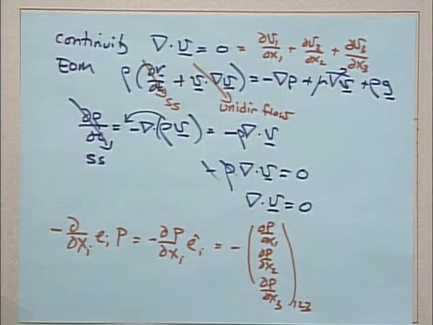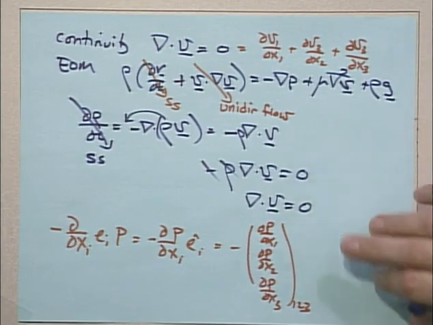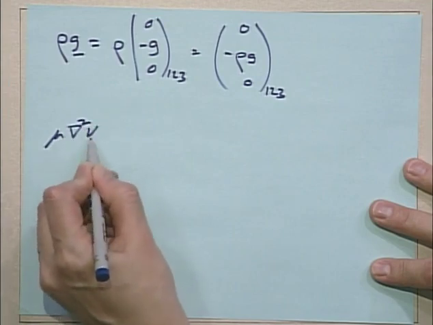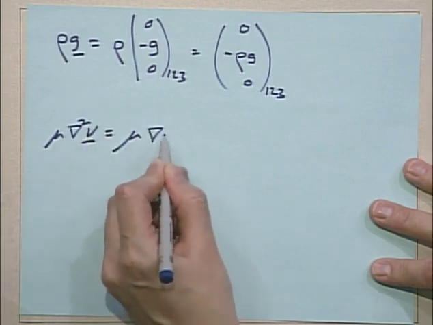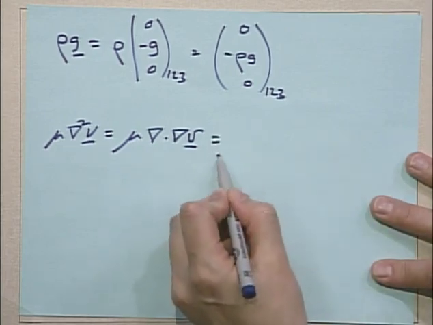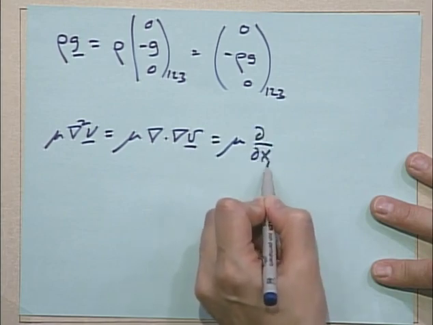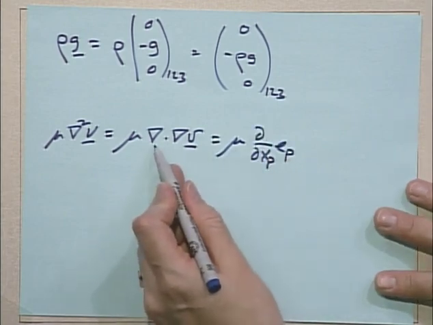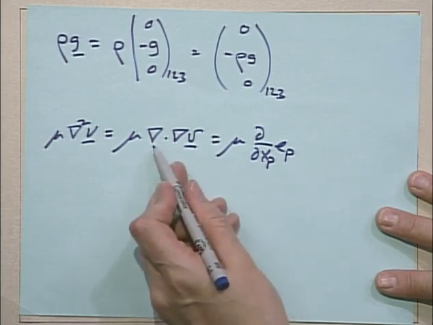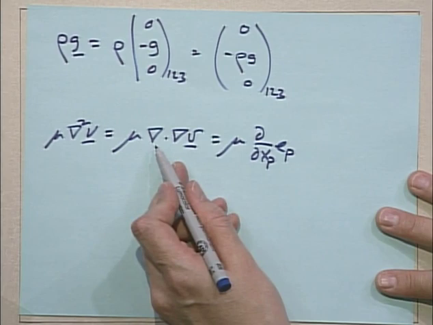Calculate del dot del. Right, we need del dot del v here. So we've got mu del squared v, which is mu del dot del v. You had to know that del squared v meant del dot del v. And then the rest is Einstein. So it's mu d by dxp ep. Every time I see a del, I'm writing this. If I see the same thing twice in the same expression, I use new subscripts. That's the other rule.